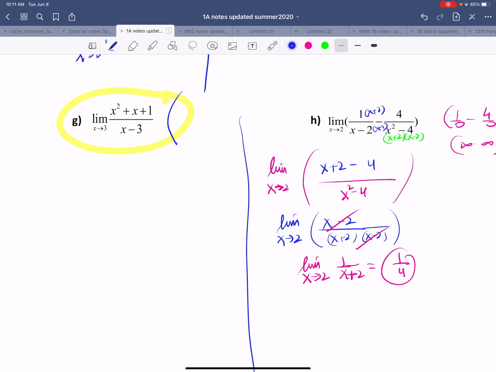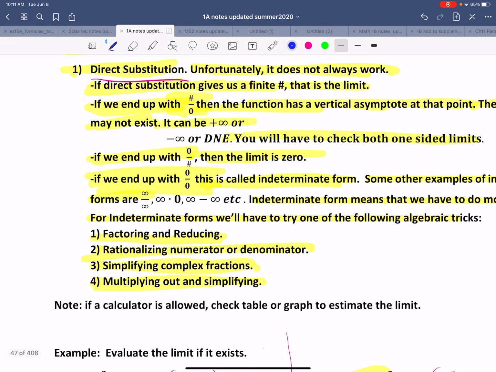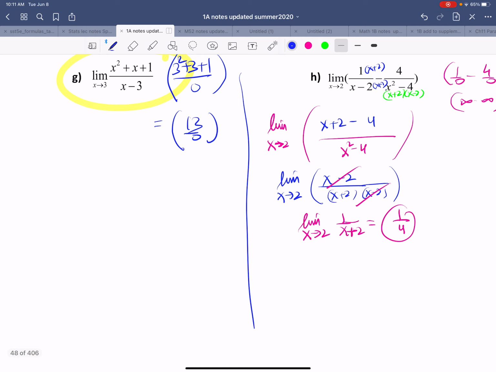If I plug a 3 in there, I get 3 squared plus 3 plus 1 over 0, which is 13 over 0. So if you get a number over 0, that means there is a vertical asymptote. So for this function, there is a vertical asymptote at 3.